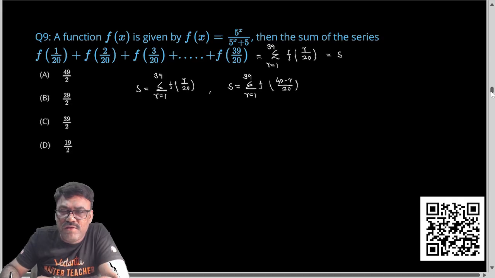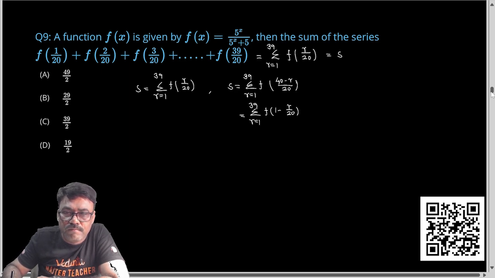So this is basically sigma r varying from 1 to 39 f of 1 minus r by 20. Now if I add these two, let's say this is 1 and this is 2. Both are actually s.